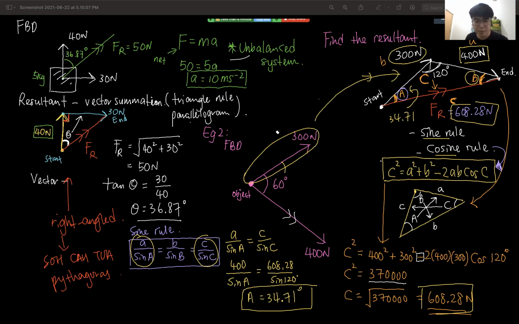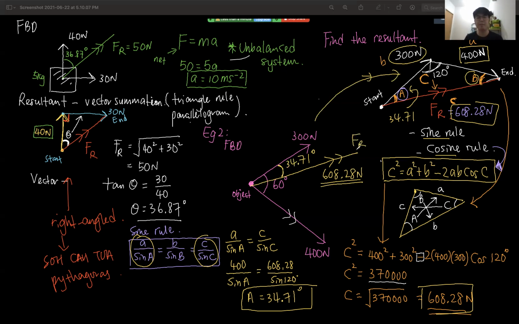Okay, my angle A, 34.71, is to the right of the vector 300. So I label here. I relate to the original diagram. This is my resultant force. Somewhere here, this angle is 34.71 and 608.28 Newton.